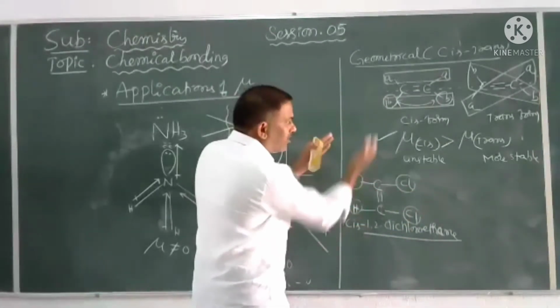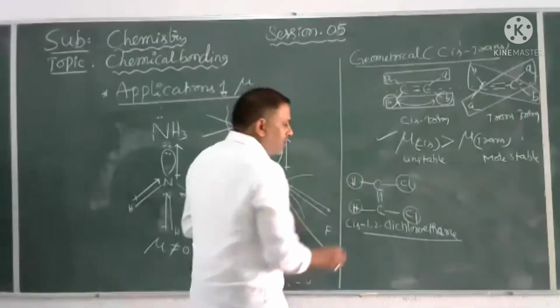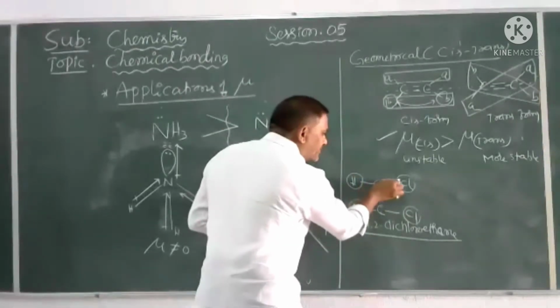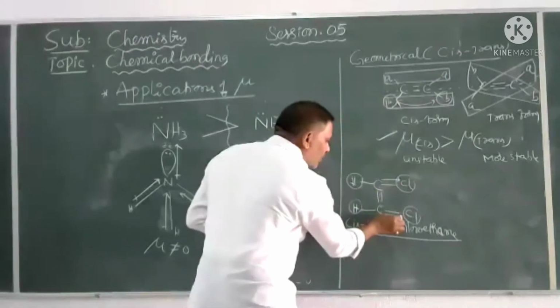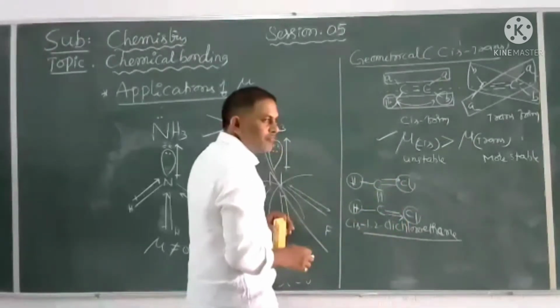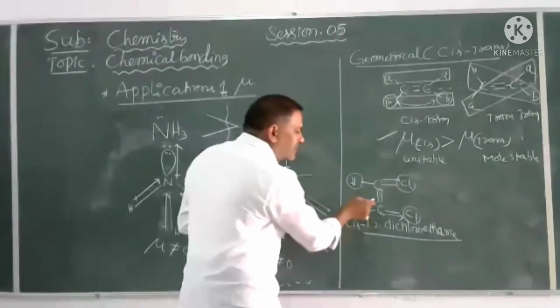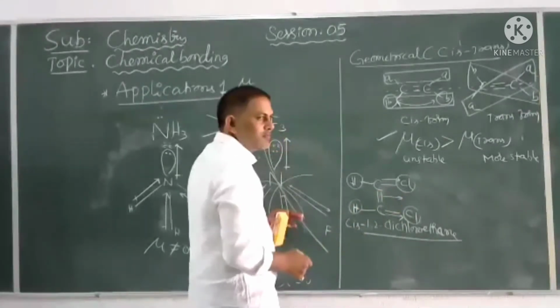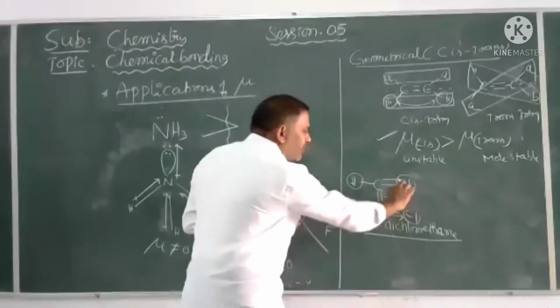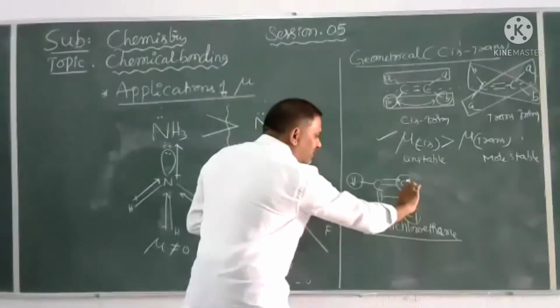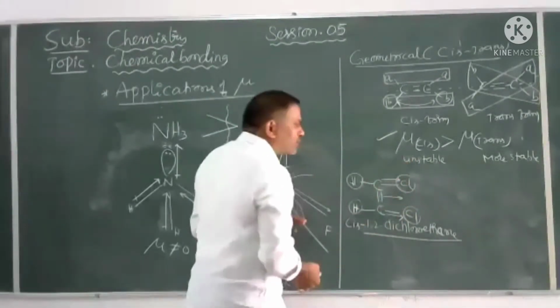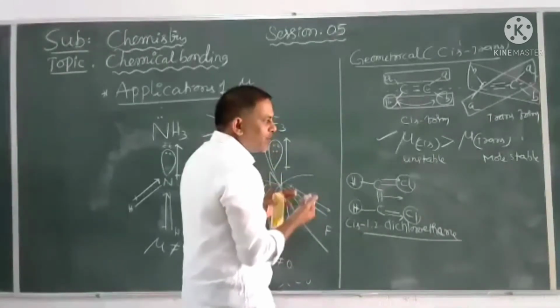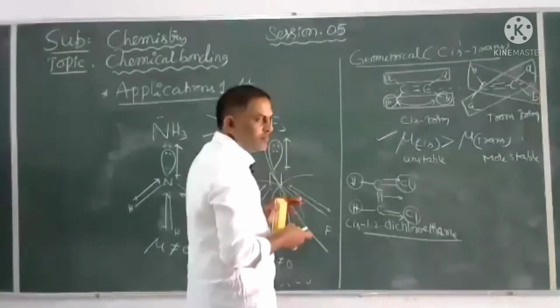We can write it either like this or like this. Now the carbon to chlorine bond has a moment, and carbon to chlorine has a moment. They are not perfectly opposite, so there is a resultant moment between the chlorines. That's why the cis form has more dipole moment than the trans form.